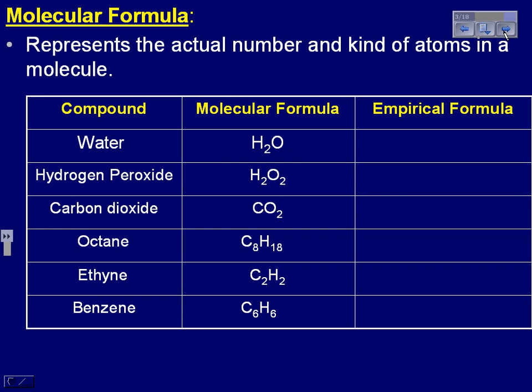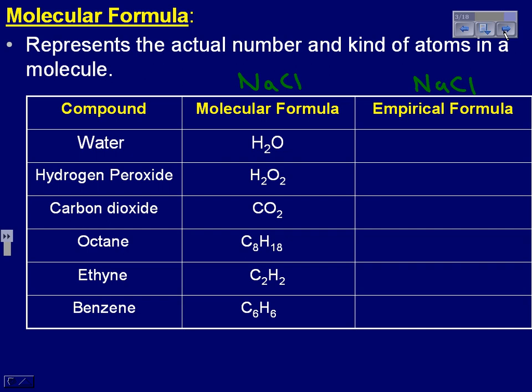If I had something like NaCl, and I get that from crossing over the ones, then even though sodium chloride is a salt and is made up of a bunch of repeating sodium chloride units, its formula, even though it's not a molecule, is the same as its empirical formula. It is in the simplest form that it possibly can be. And that's because we divide out the common factor. In this case, there was no common factor.